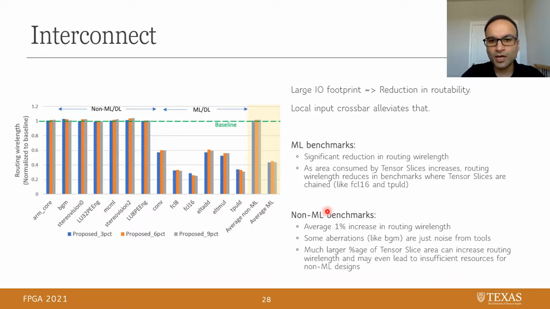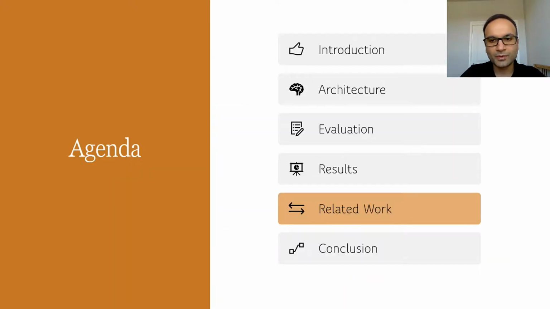For non-ML benchmarks, there was an average 1% increase in the routing wire length, which is also not significant. A large number of tensor slices in the FPGA can cause a significant increase in the routing wire length and may even lead to insufficient resources for non-ML designs.